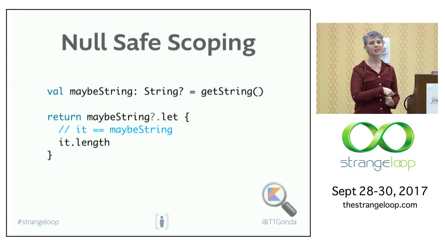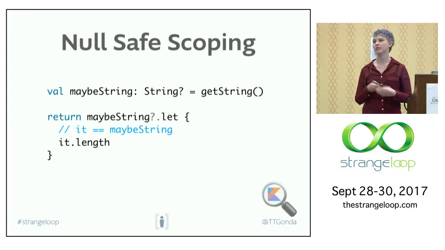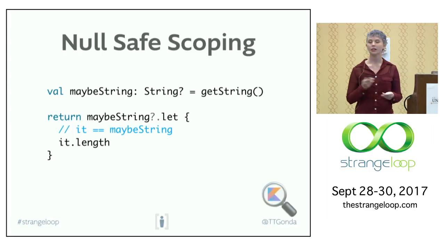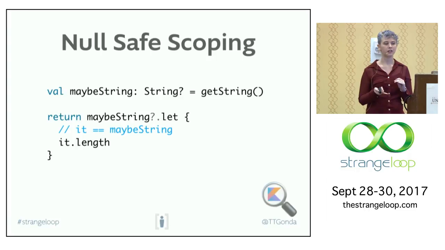A couple other null safety options. We can combine the null safe call operator with higher order functions such as let for null safe scoping. By doing so, we can pass an entire code block that's dependent on that value not being null. Here, if maybe string is not null, it is assigned to a variable it, and then we call .length on it. Otherwise, it returns null.